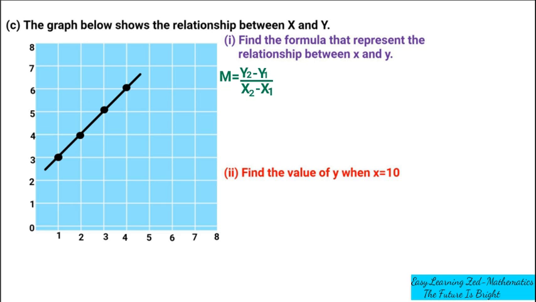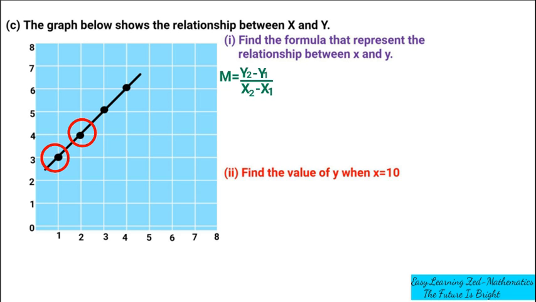Among these 4 points, we're going to pick 2 points to find the gradient. So we are going to use this point, which I've circled in red, which has the coordinates 1, 3, as well as this point which has the coordinates 2, 4.